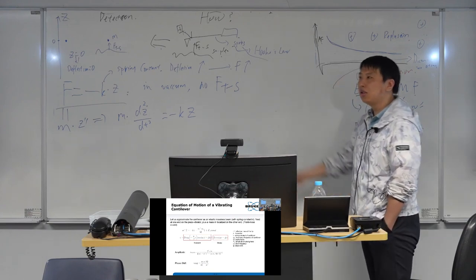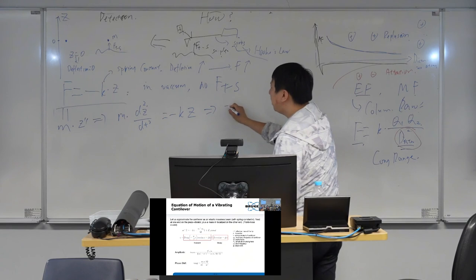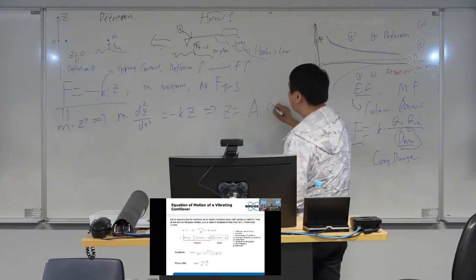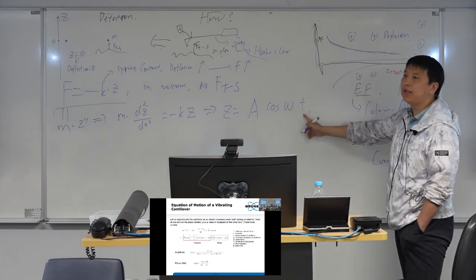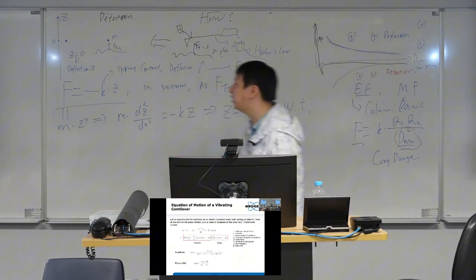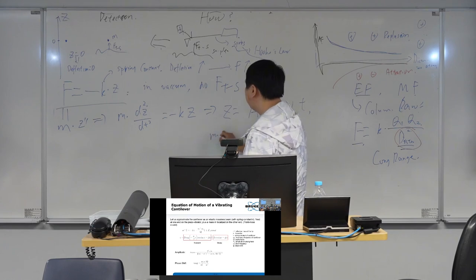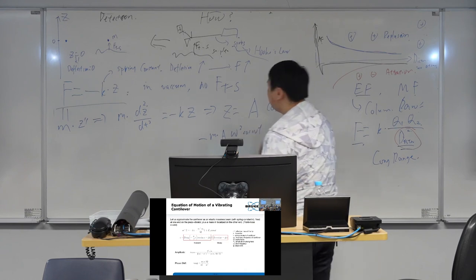The solution of this equation is quite easy, right? z equals A cosine omega 0 t. What's this omega? We don't know. We take it back into this equation. The left side is m times negative omega squared A cosine omega t.